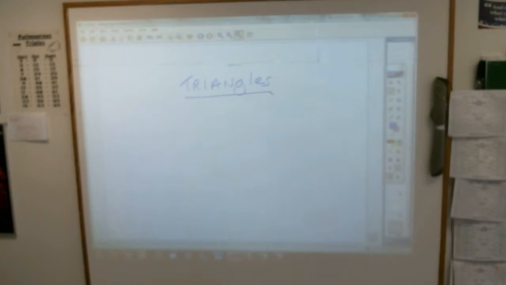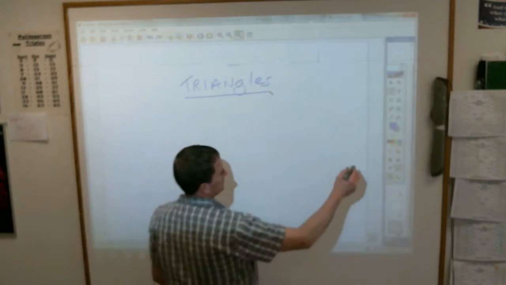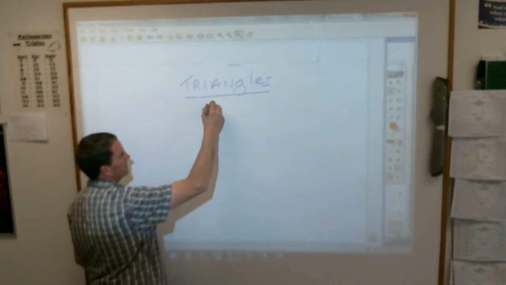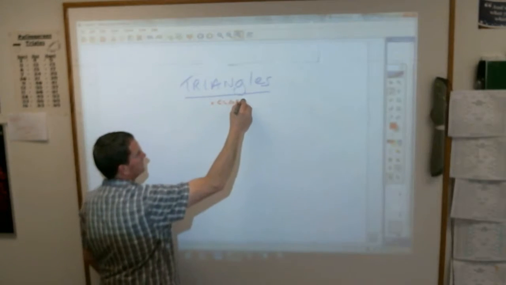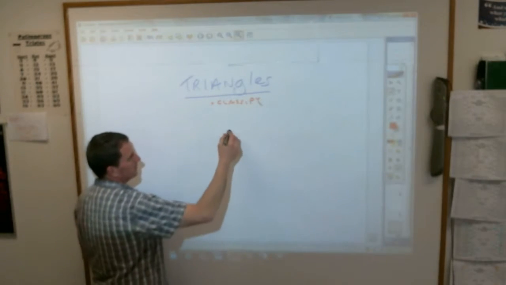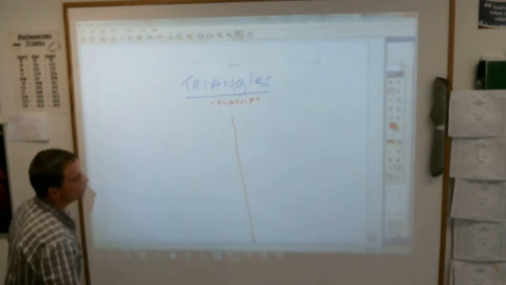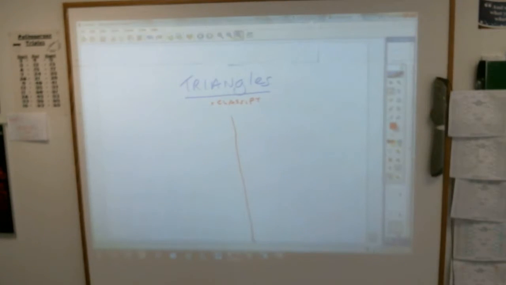Today, we did this in 5th grade, so this is not something that you have not done before. We are looking at classifying triangles, which means naming them based on their characteristics. There's two different things that we can do to name triangles.